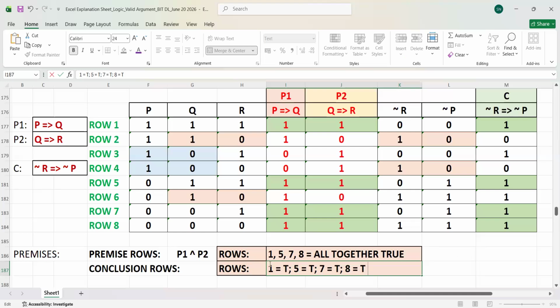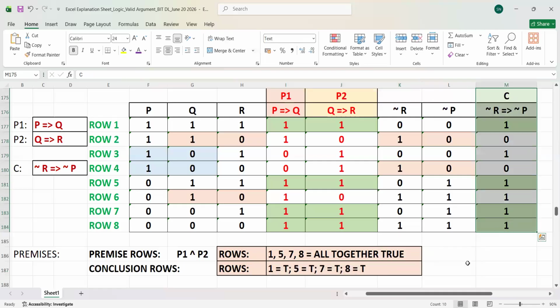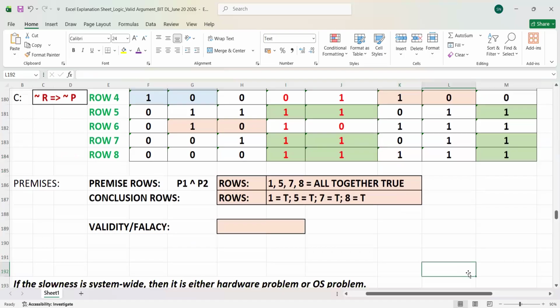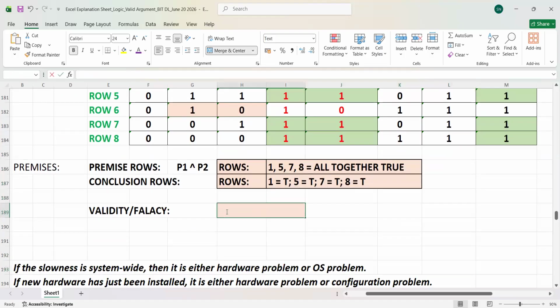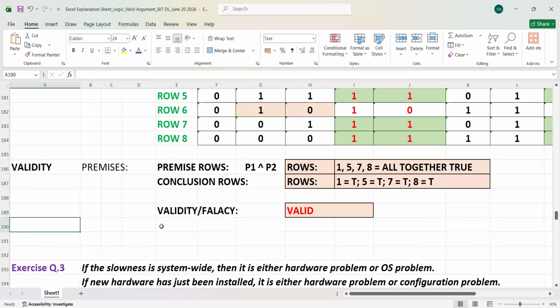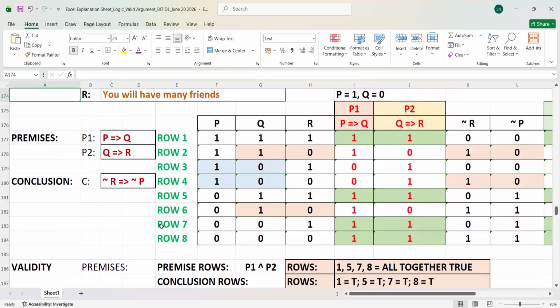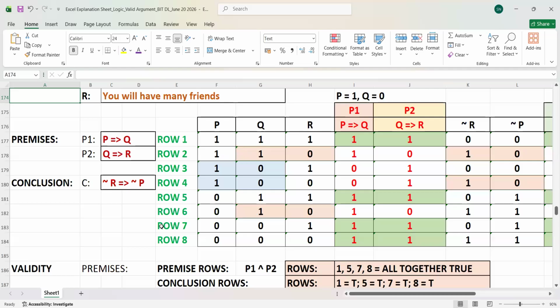So right now that row 1, row 5, row 7, and row 8 are true for the conclusion, then we can safely say that if you don't have many friends, you don't read a lot, that statement, according to the truth table, is valid. So that's how beautiful this thing can be if your tables were captured correctly, and then your connectives were captured correctly.